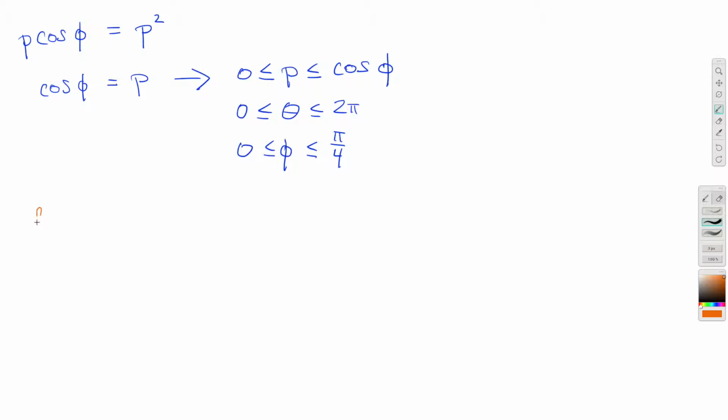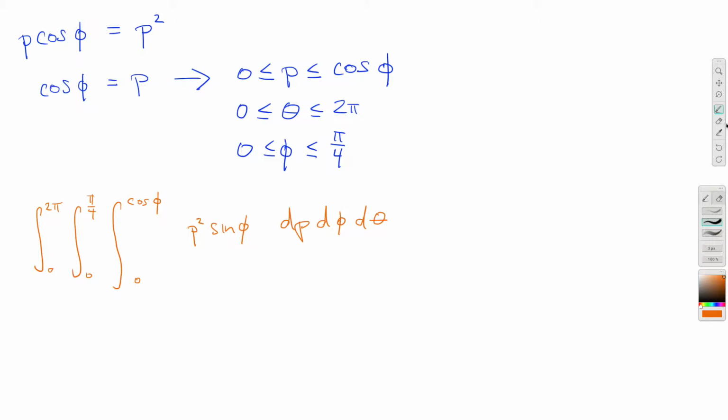So we're going to get, what are we going to get? The integral from 0 to 2 pi, 0 to pi on 4, 0 to cos phi, of rho squared sine phi d rho d phi d theta.